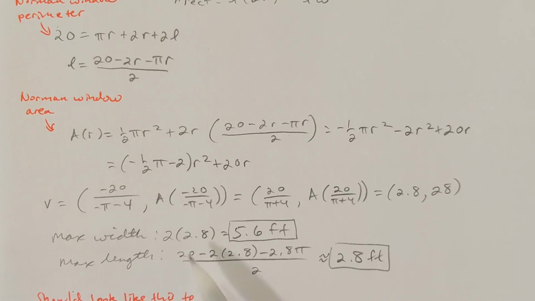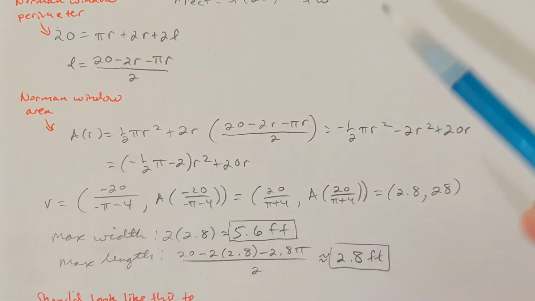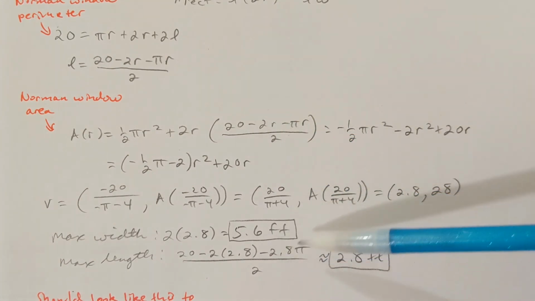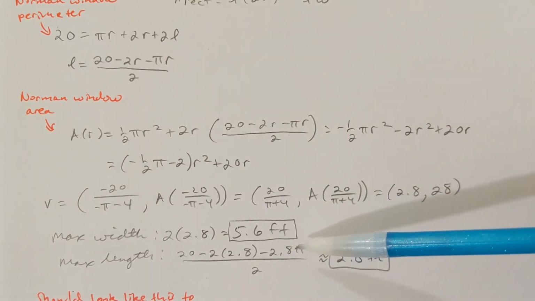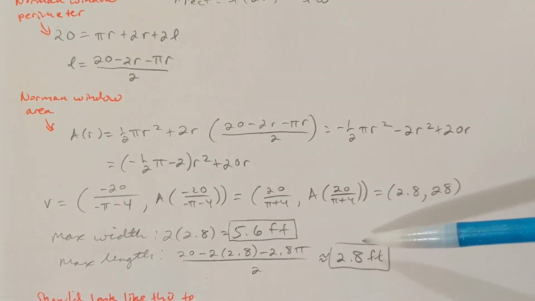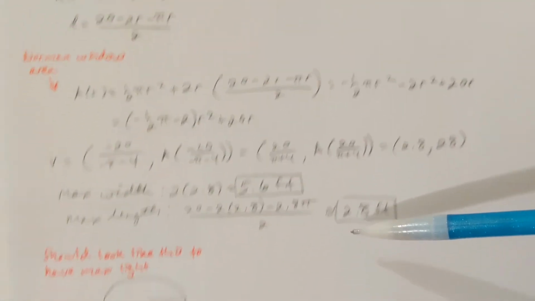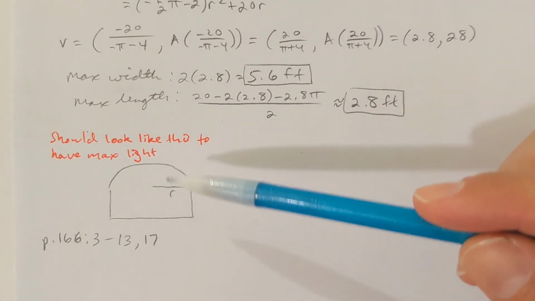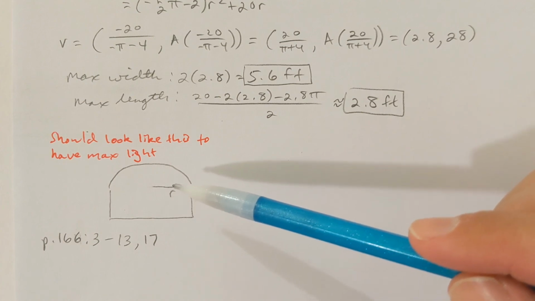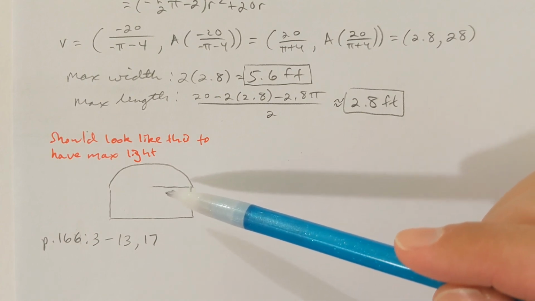Okay, and then the length, 20 minus 2r minus pi r divided by 2, if I let r be 2.8, then the length is approximately 2.8 feet. Okay, so the Norman window should look something like this in order to have the maximum amount of light go in.